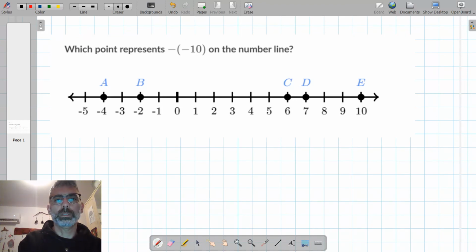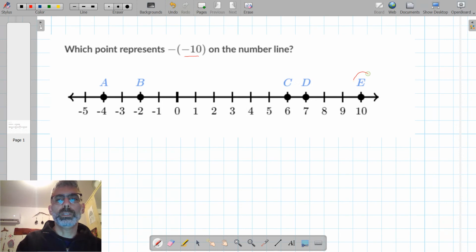You don't see it. Okay. But the opposite of negative 10 is 10 tick marks to the right of the 0, because negative 10 is 10 tick marks to the left of the 0.